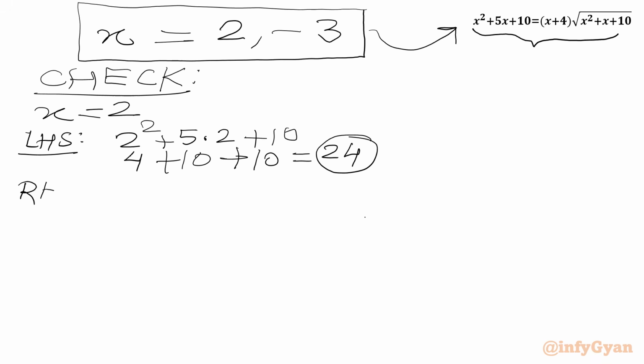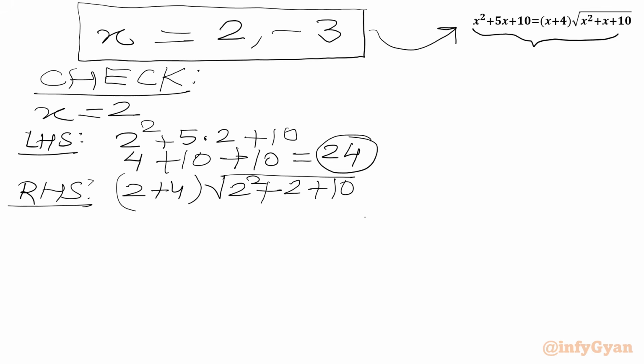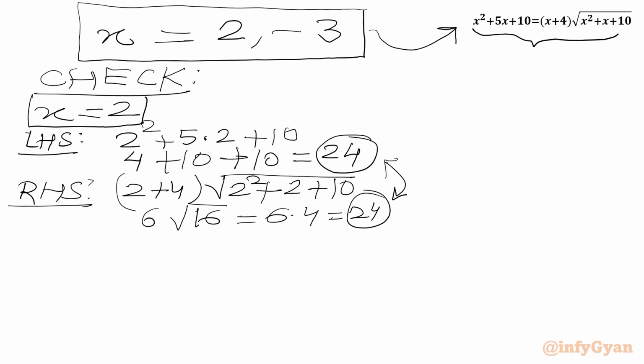Now the turn of RHS. We have x plus 4, so I will write 2 plus 4 times square root of x square plus x plus 10, so 2 square plus 2 plus 10. So we'll write here 6 times square root of 4 plus 2 is 6, plus 10, 16. Square root 16 is 4. We'll write 6 times 4, value will be 24. LHS equal to RHS. Hence our solution x equal to 2 is true and verified.